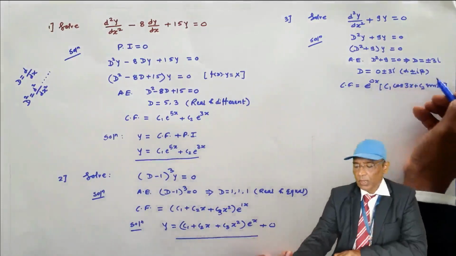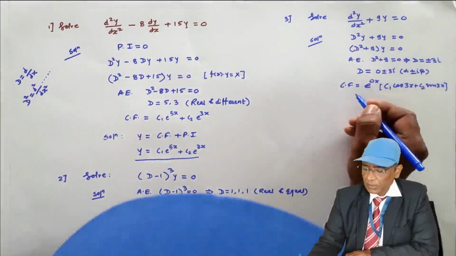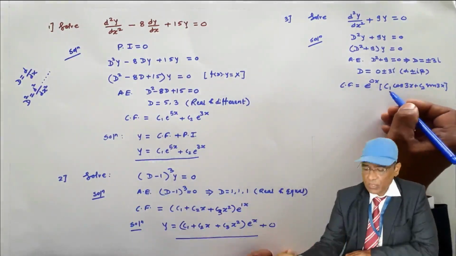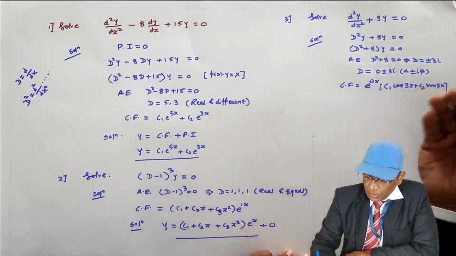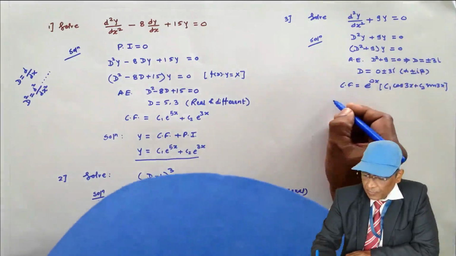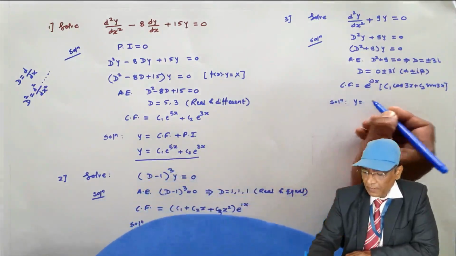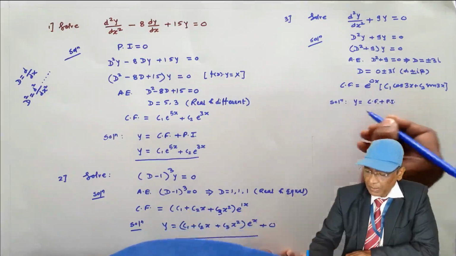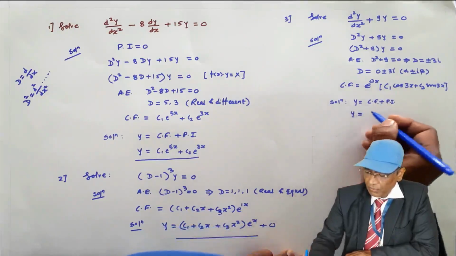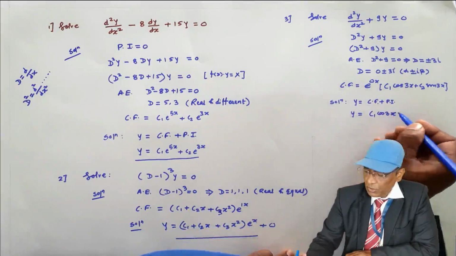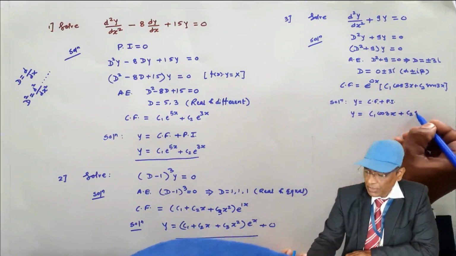Here alpha is 0 and beta is 3. The c1 cos 3x plus c2 sin 3x will be the complementary factor. The solution of the differential equation is y equal to complementary factor plus particular integral, and the particular integral is 0. Therefore, this is the solution of the given differential equation.